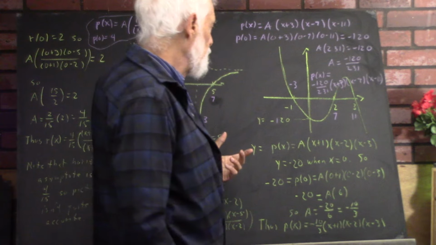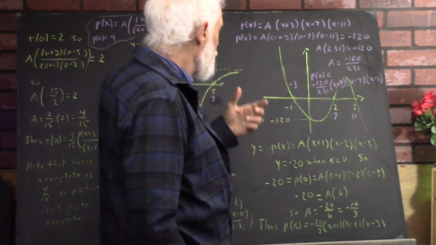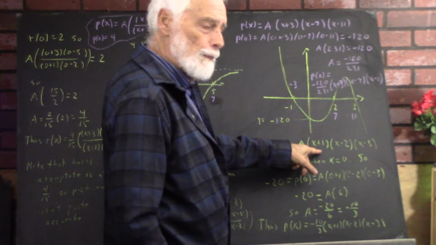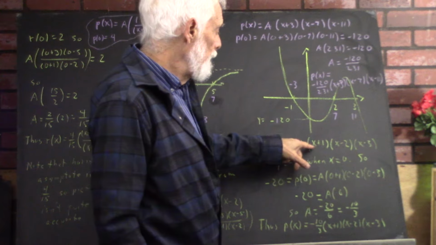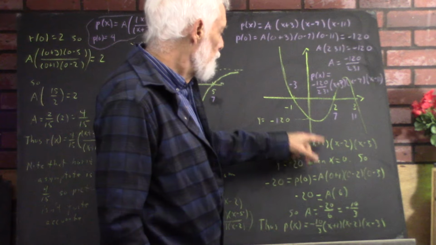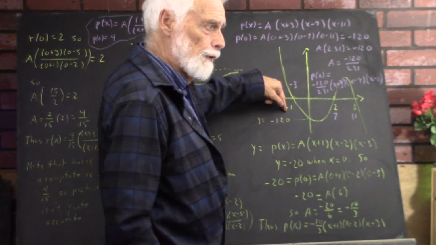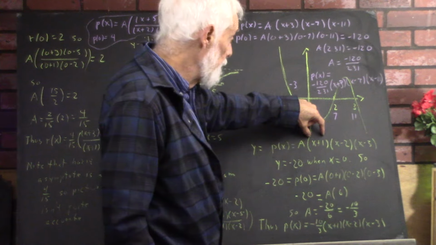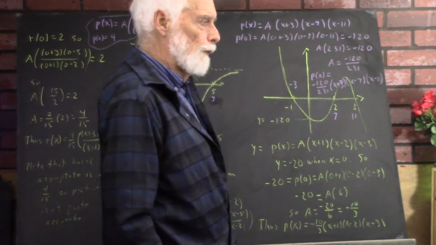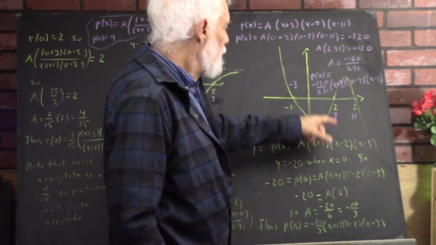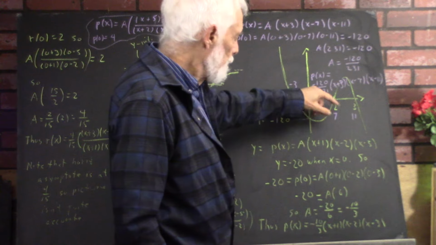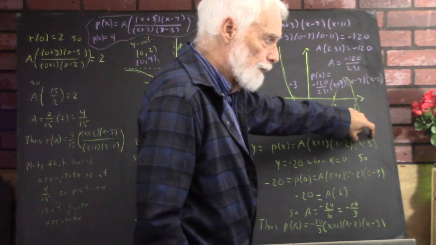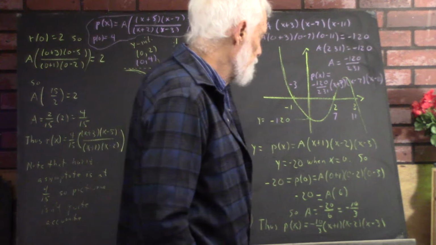And the polynomial could be then some multiple of x plus 1, because you need a factor x plus 1 in order to make the polynomial 0 when x is -1. If x is -1, you're going to get a 0 here. That's going to make the graph go through 0. And similarly, when x is 2, you want a 0, so you have the factor x minus 2. And when x is 3, you have a 0, so you have the factor x minus 3.